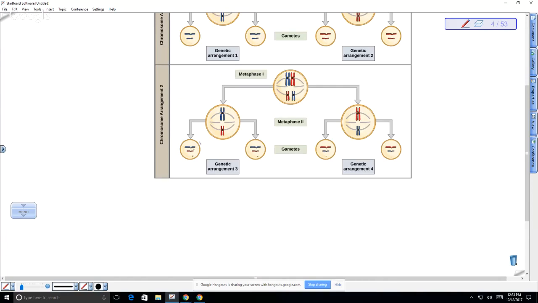So the way the chromosomes line up, the chromosomes will separate out differently into the gametes, and that is what we call independent assortment. So the fifth thing, maybe, or the fourth thing about meiosis is independent assortment. And what this means is that the chromosomes line up randomly.